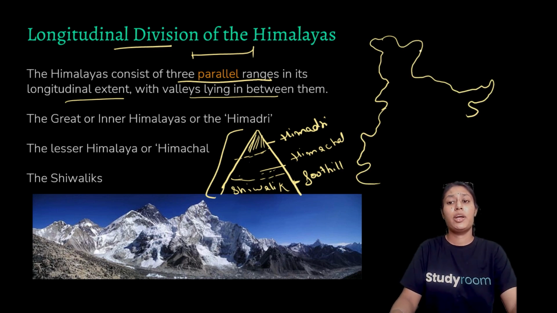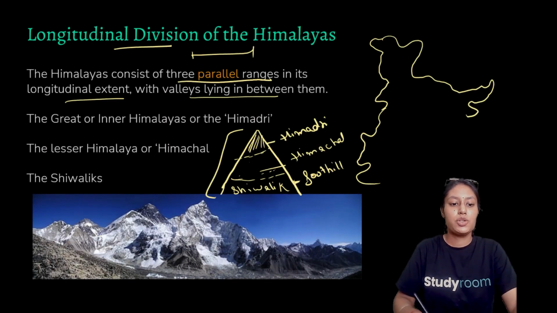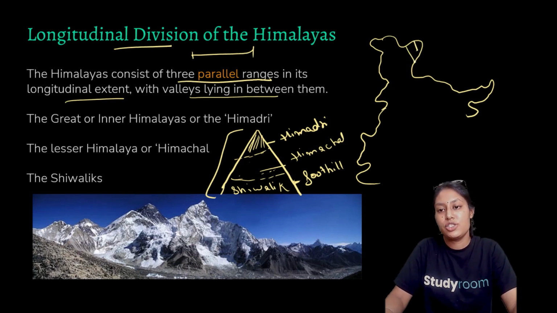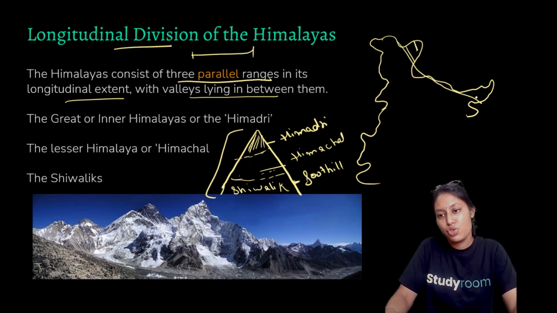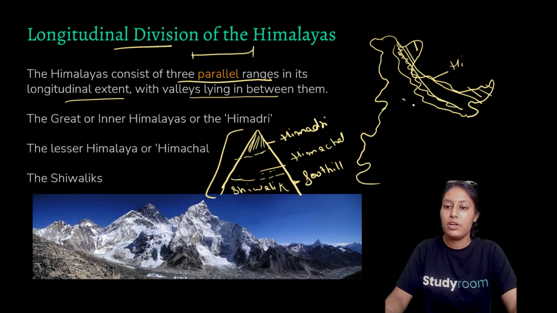So now I understand this is not a very beautiful map, but I hope I can make you understand through this. So okay, in this range, the topmost range, it's Himadri, and the next range, these ranges are called Himachal, and then the lower part is called Shivalik.